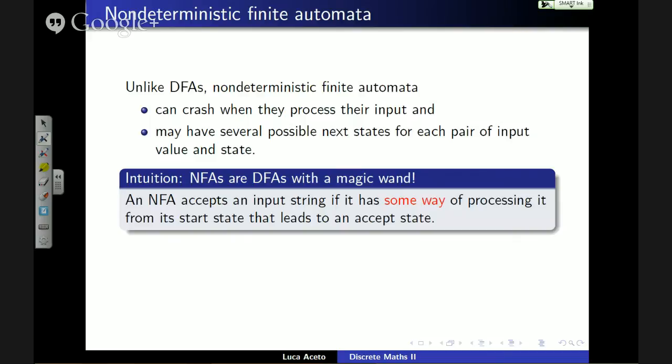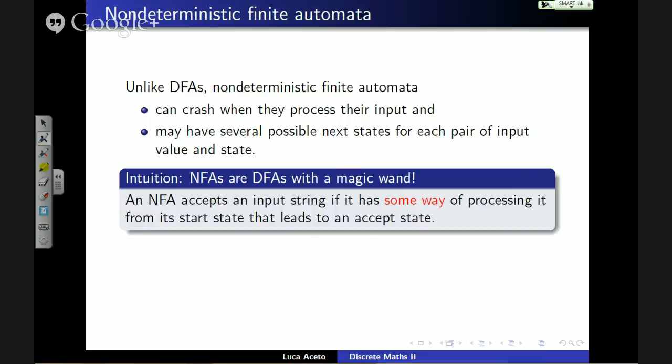Well, first of all, when you have non-determinism, you can allow yourself the ability to crash as you compute. It's not true anymore that in every state where you are, you should be able to read and process any of the possible input symbols. For some of them, you may have no outgoing transition from your current state. In that case, pictorially, the computation crashes. You cannot read your next input symbol.